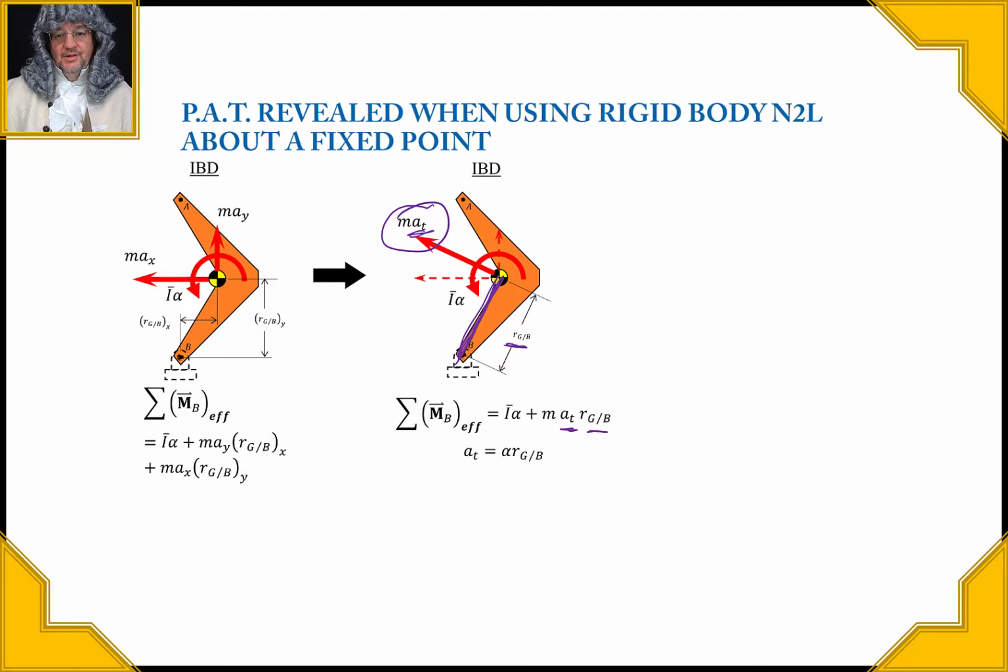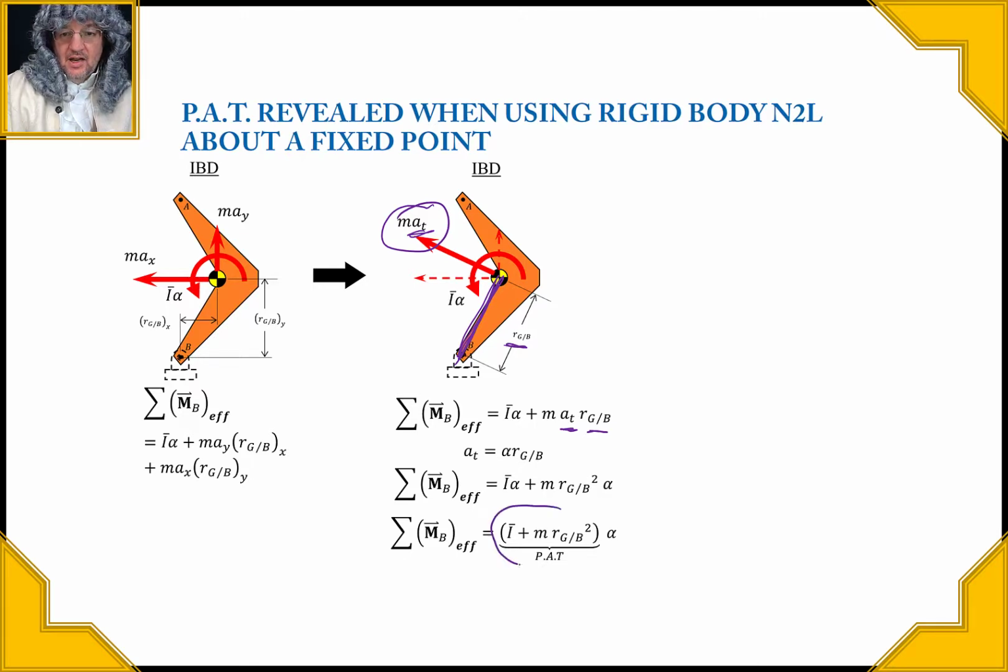Well, we know that the tangential acceleration will just be alpha times that r_G with respect to B, right? And right here, you can see that is going to be the parallel axis theorem, just by substituting in the acceleration of the motion of the center of gravity.